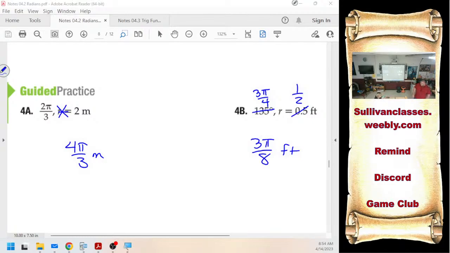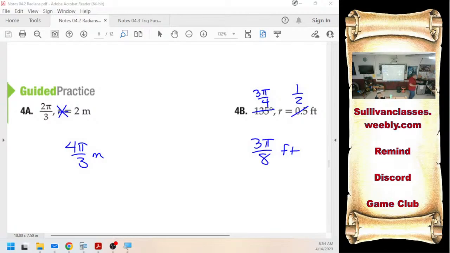Yes. This is arc length. This is how far you would travel around that arc or part of a circle. Okay, think about it like, I probably shouldn't use the chain just because I might slap someone.